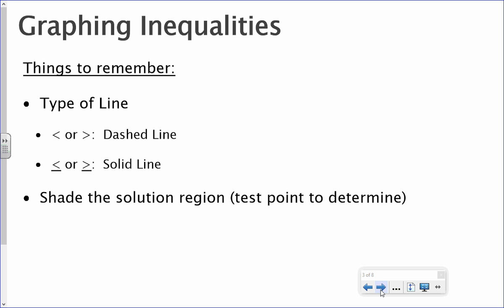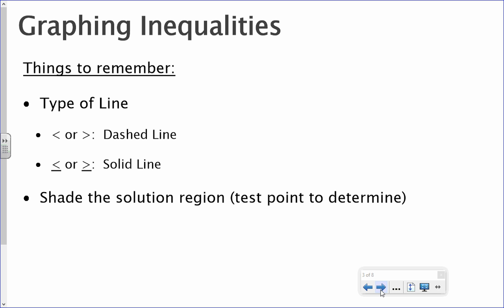First, I want to talk about the different kinds of solutions that we could get. No matter what, how many solutions are represented in these pictures? We have an infinite number of points in that solution, right? So we're basically going to get infinite solutions or no solutions.